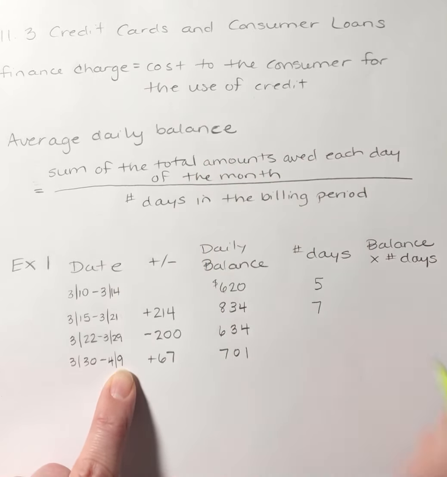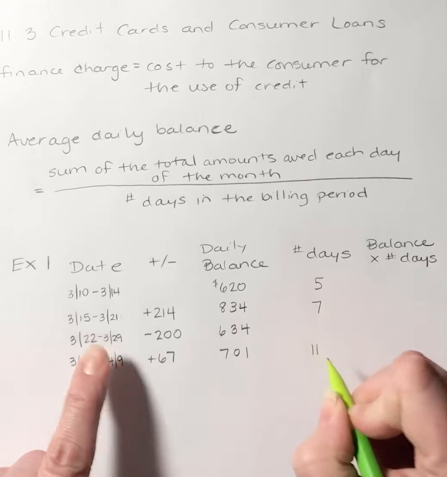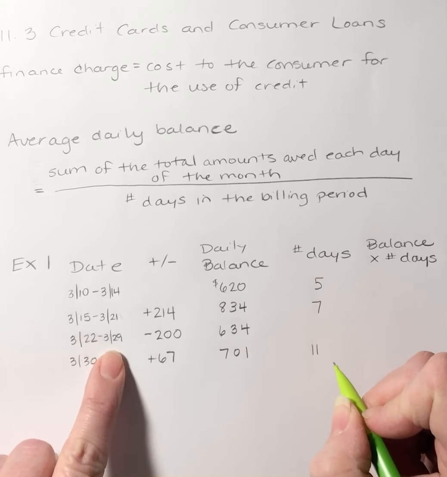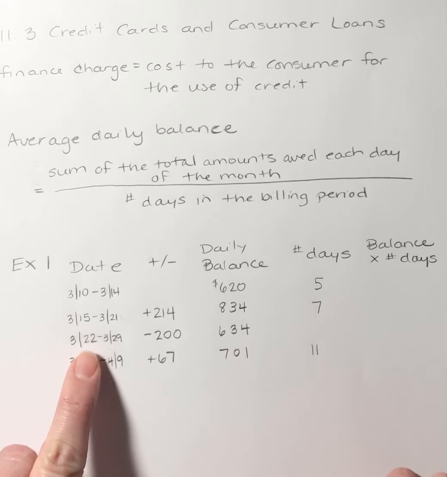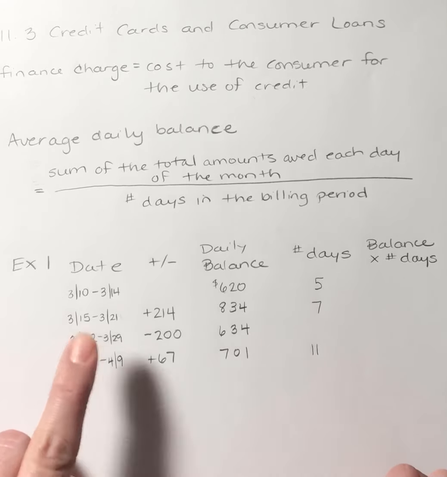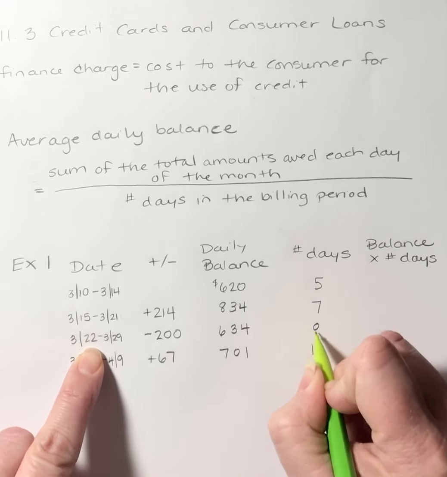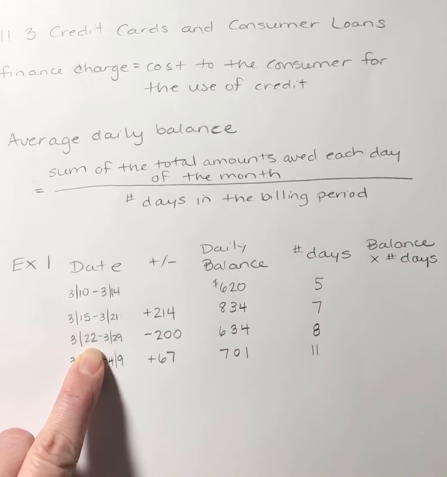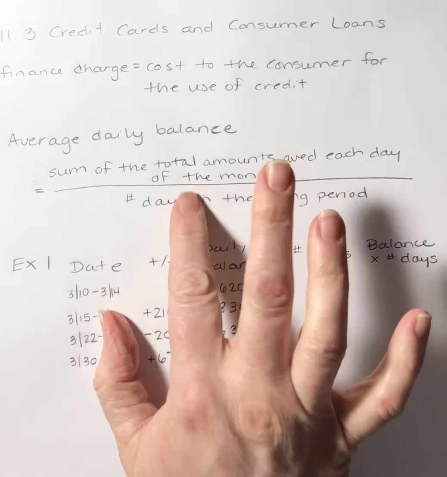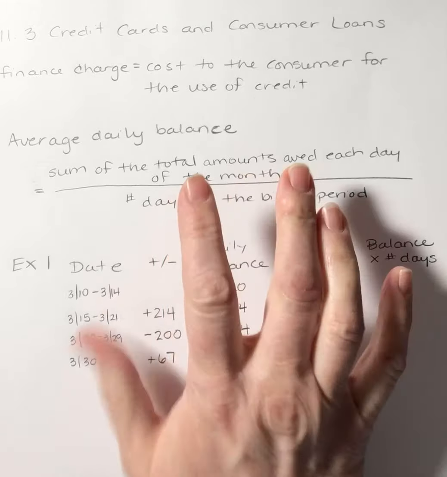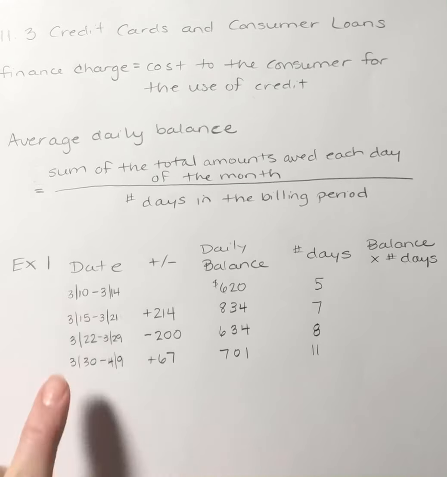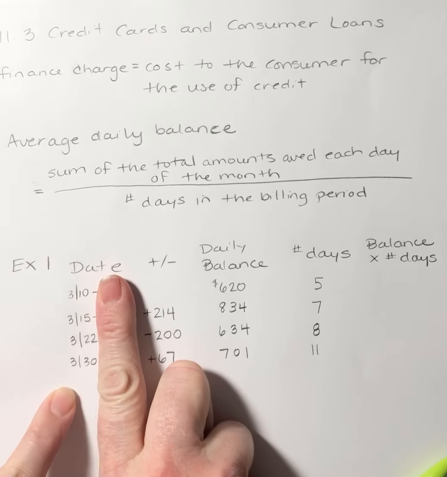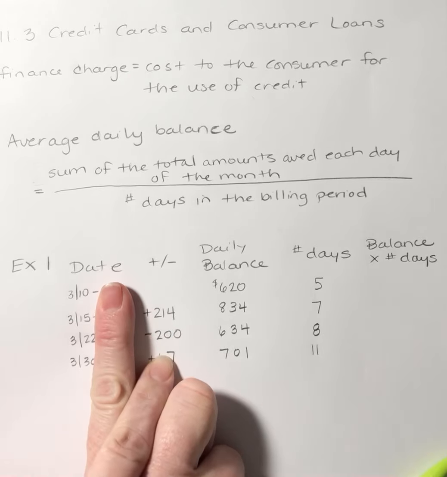So I'm going to have a total of 11 days for this one. And I'm going to go back here. And again, if you subtract 29 minus 22 is 7, but I have to include that day as well. And so there's a total of 8 days. Or you can count 22, 23, 24, 25, 26, 27, 28, 29. 8 days. Okay.